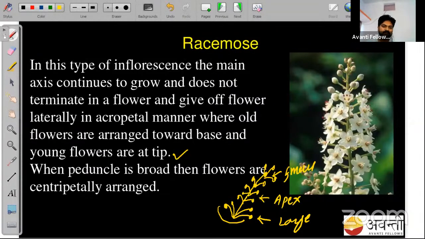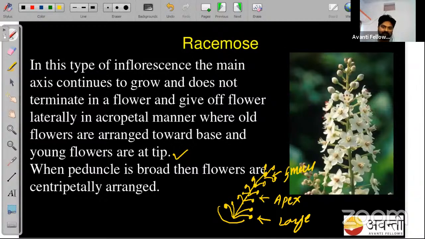And the next thing: when the peduncle is broad, the flowers are centripetally arranged. What is meant by centripetally arranged? Centripetal means inward, whereas anything going outward is centrifugal.